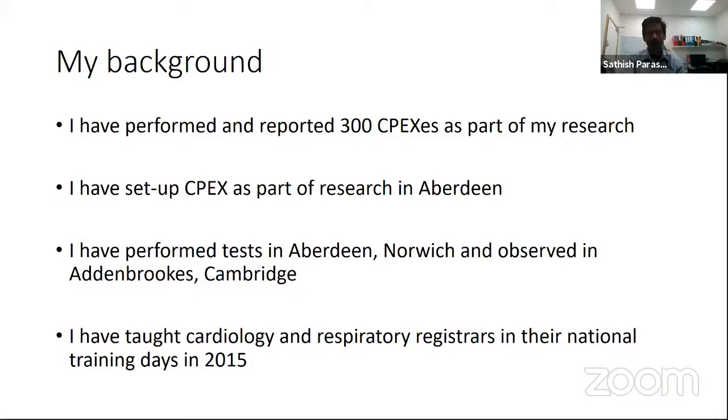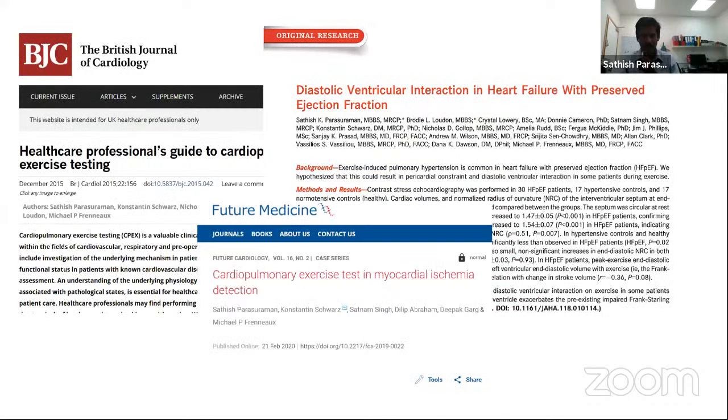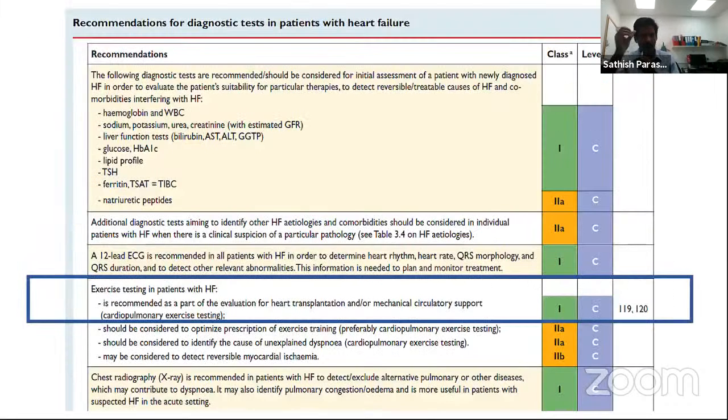So I did cardiopulmonary exercise testing as a part of my research and for clinical purposes as well, and presented in a few meetings. We did a few publications on it as well. Now, what do the guidelines say? This is the latest ESC guidelines on heart failure.